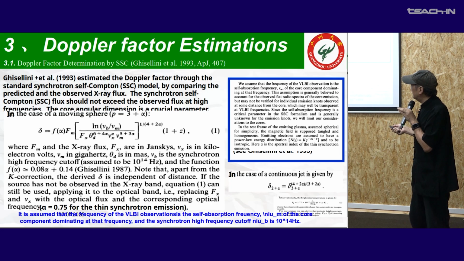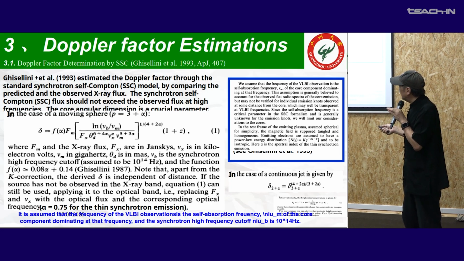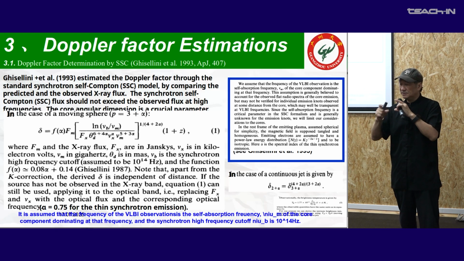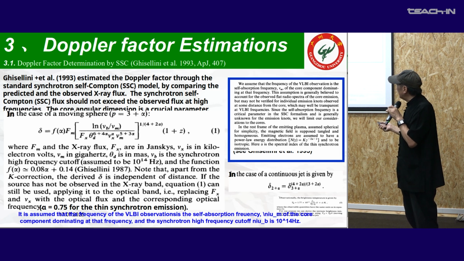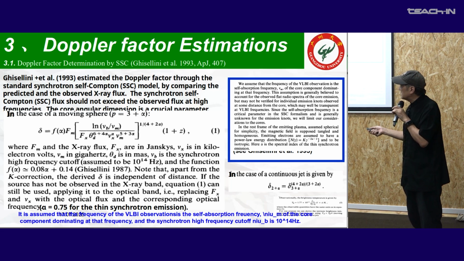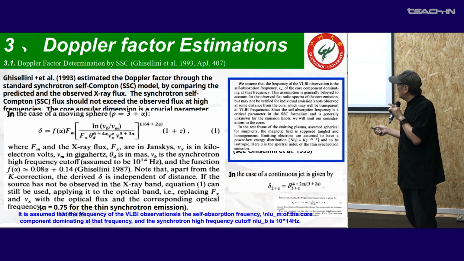They assume it to be this value, and delta theta is the core size in milliarcseconds. And nu b is the synchrotron high frequency cutoff. They assume this one, and here f alpha is a function of the spectral index in the radio band. So if we have the VLBI observation to get the size and the corresponding flux density, and we use the observed X-ray flux density, we can get the Doppler factor.